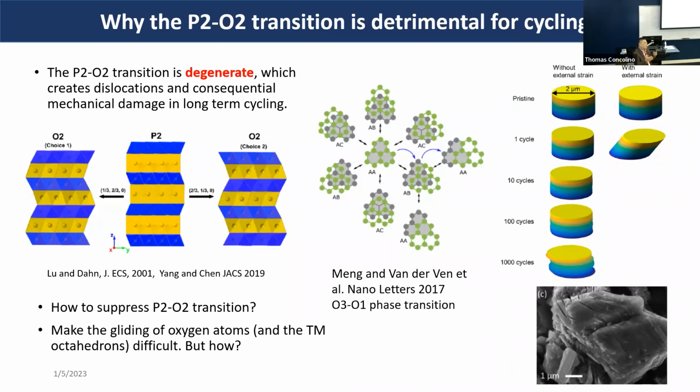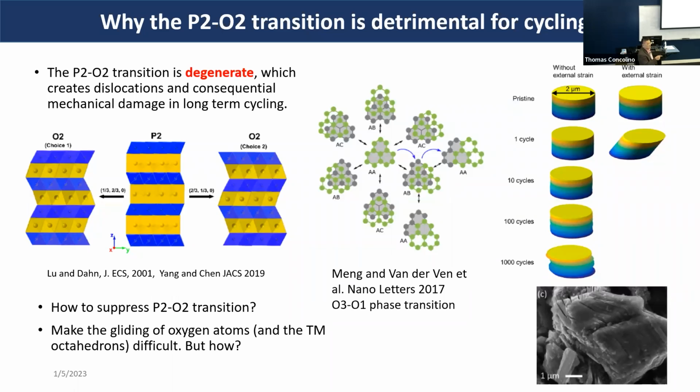You can imagine this kind of transition happening in the particle. Inside one particle, you can have two different regions sliding against each other. With that happening, you have a lot of dislocations. That means one phase transition can create a lot of dislocations just because of different sliding directions. And this happens in every charge and discharge cycle.